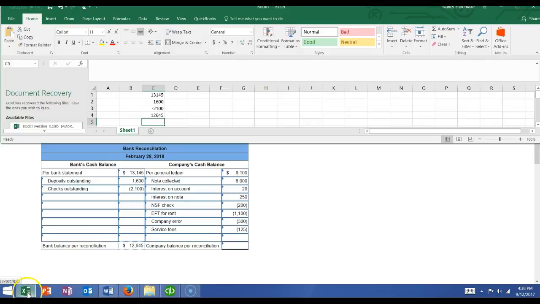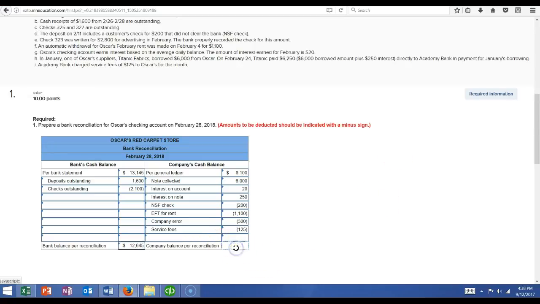We should be able to do the same over here. We've got the 8,100, the 6,000, the 270, minus the 200 is 70. We've got 1,100, 1,400 minus 1,525. We should have a total here of 12,645. So that is our bank reconciliation.